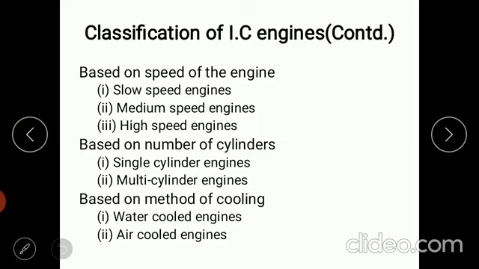Nowadays we use ethylene glycol as a coolant. The reason is that at atmospheric condition, water will turn into ice at 0 degree centigrade. To avoid that problem, we use ethylene glycol as a coolant in water cooled IC engines.